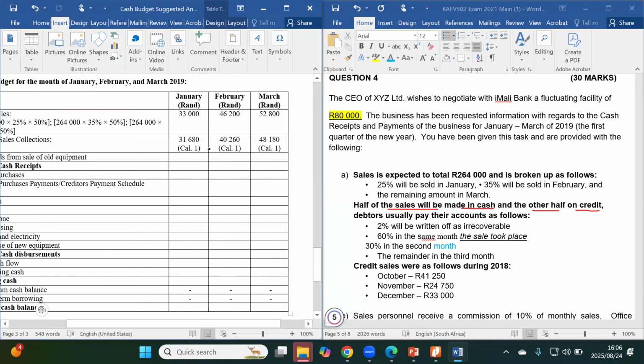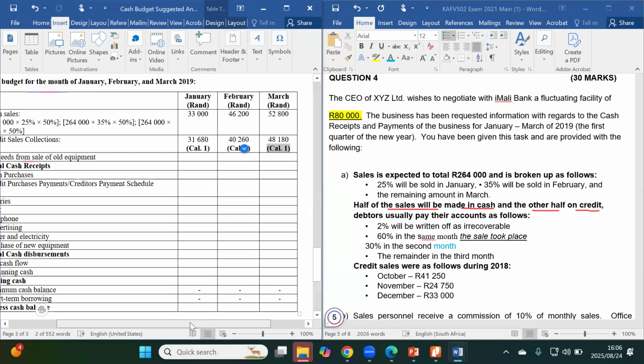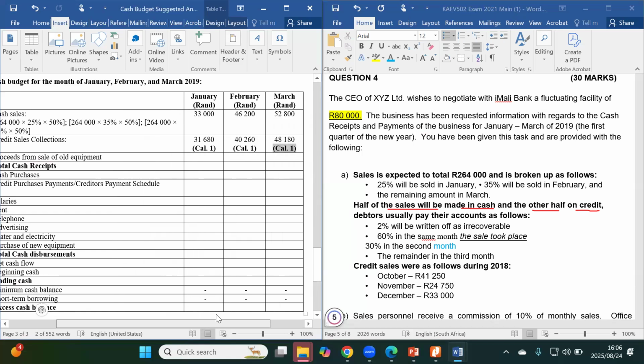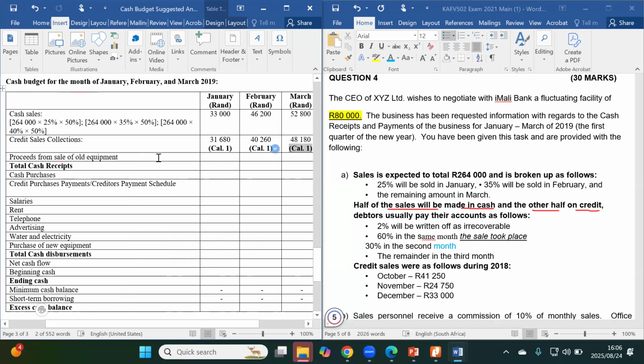So this is how it's supposed to look. There was no proceeds from sale of any equipment in this one, so I'll just remove this part.